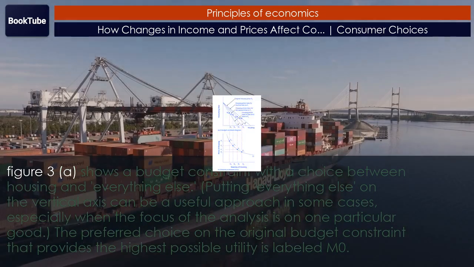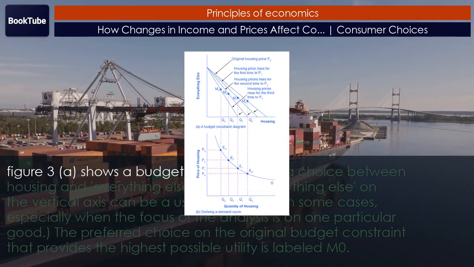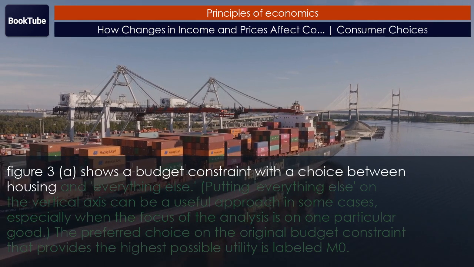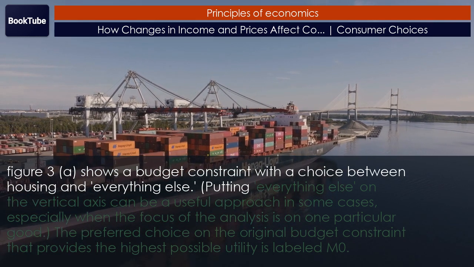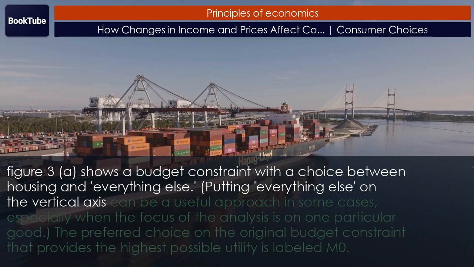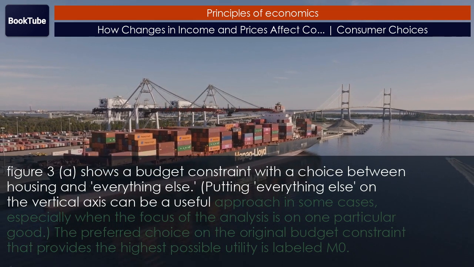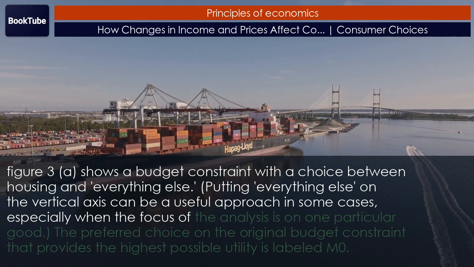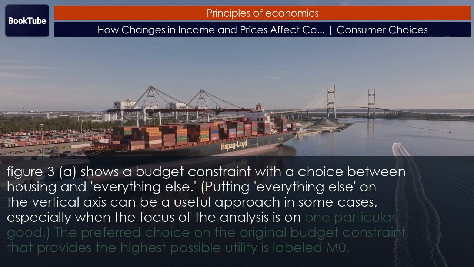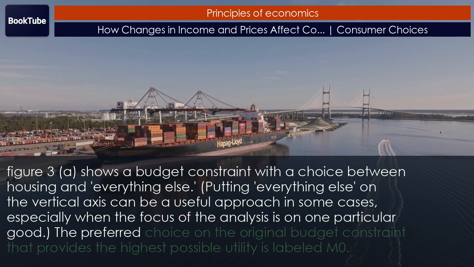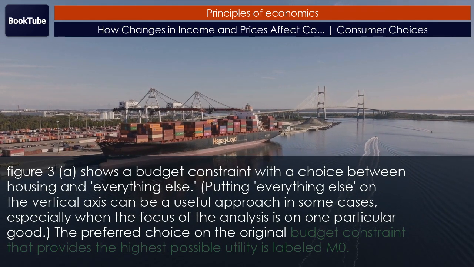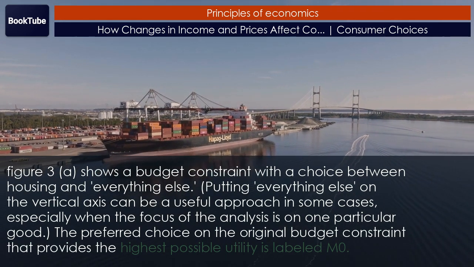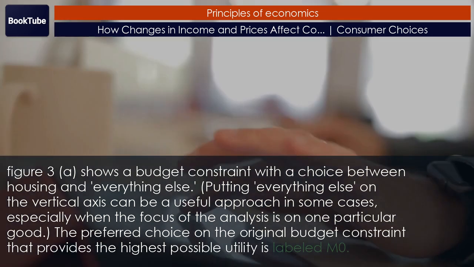Figure 3a shows a budget constraint with a choice between housing and everything else. Putting everything else on the vertical axis can be a useful approach in some cases, especially when the focus of the analysis is on one particular good. The preferred choice on the original budget constraint that provides the highest possible utility is labeled M0.